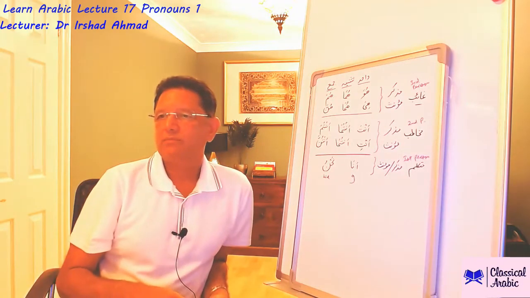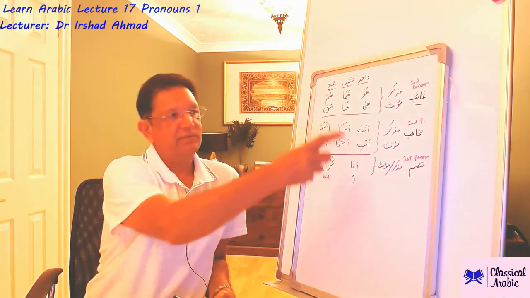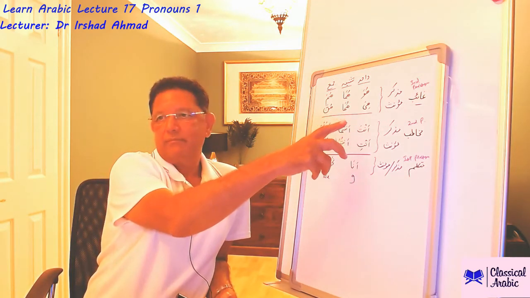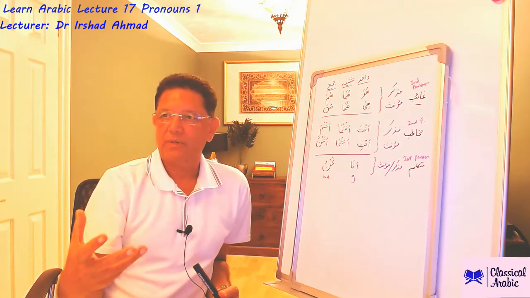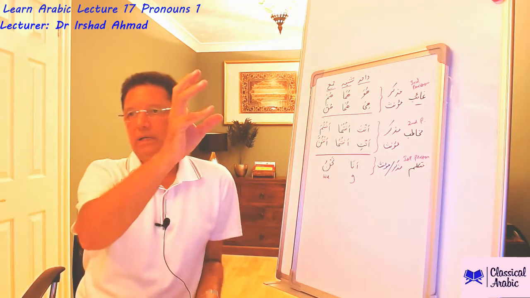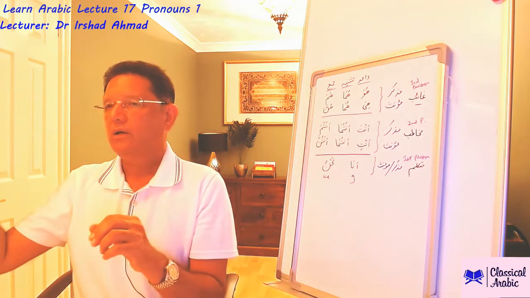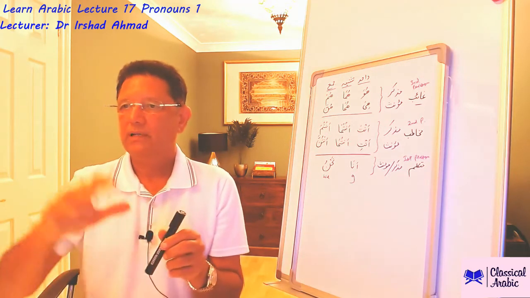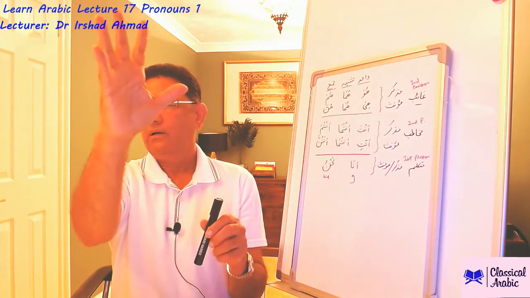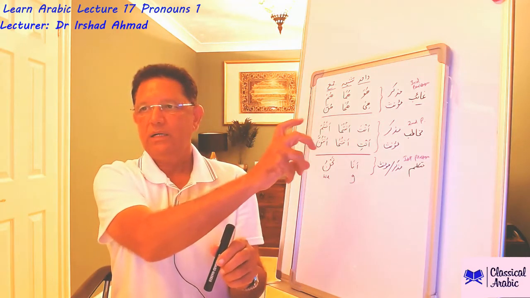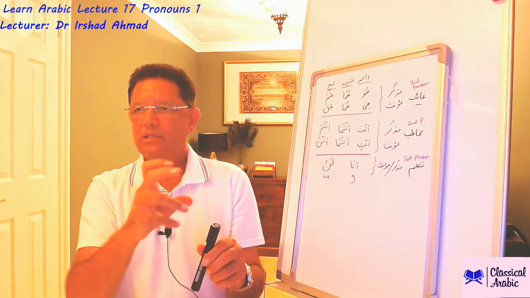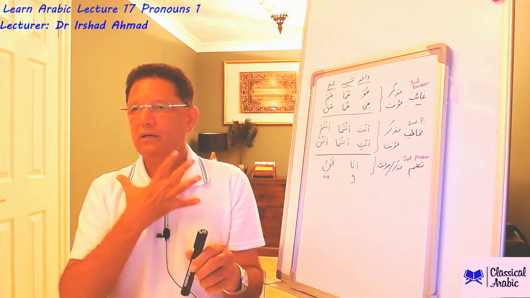Those persons who tend to have photographic memory, it's easy for them to have a sketch of that in their mind, and others commit it to memory by saying, on my right hand there are men, on my left hand there are women, so I can say huwa, kind of on that side, okay, the camera, huwa, huma, hum, hiya, huma, hunna, anta, antuma, antum, anti, antuma, antunna, ana, nahnu.